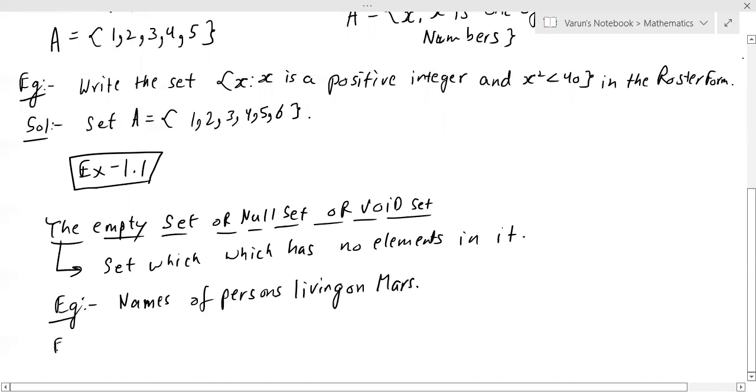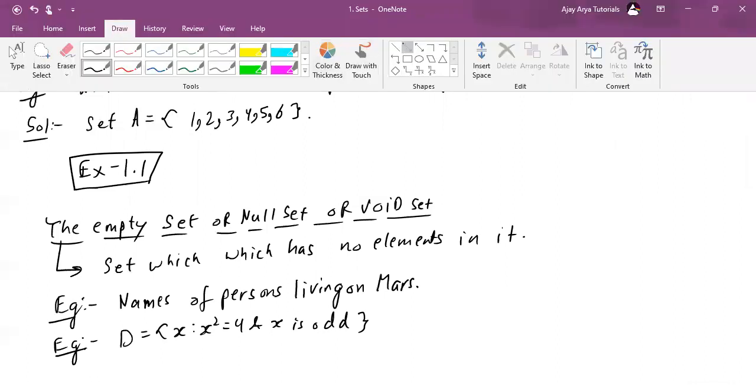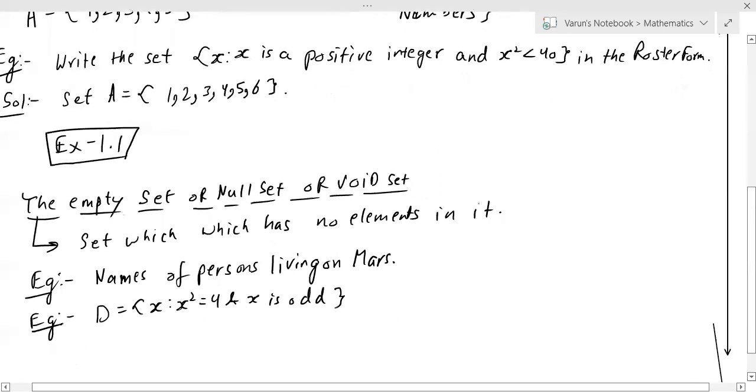Another example, if you want to go a little bit mathematical, you can say a set D is equal to X such that x square is equal to 4 and x is odd. That's also not possible because x square equal to 4 means x is either -2 or 2, but it cannot be odd, and hence it has 0 elements. It is a null set, right? Okay, let's move forward.